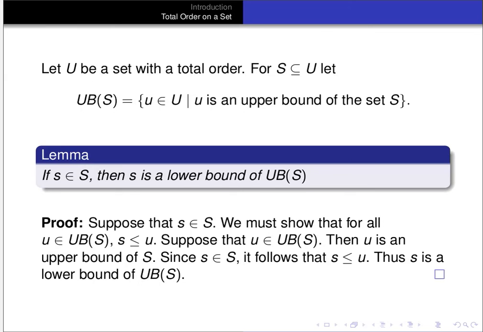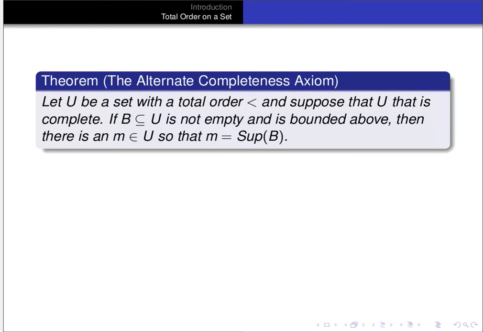All right, so we're going to use that lemma to prove this theorem, the alternate completeness axiom. We're going to suppose that we have a set U which is complete, which means that non-empty sets which are bounded below have infimums. Then we're going to prove that non-empty sets which are bounded above have supremums.